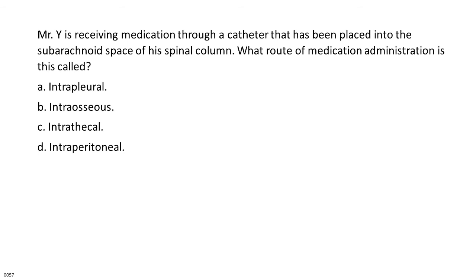Mr. Y is receiving medication through a catheter that has been placed into the subarachnoid space of his spinal column. What route of medication administration is this called? A. Intrapleural. B. Intraosseous. C. Intrathecal. D. Intraperitoneal.